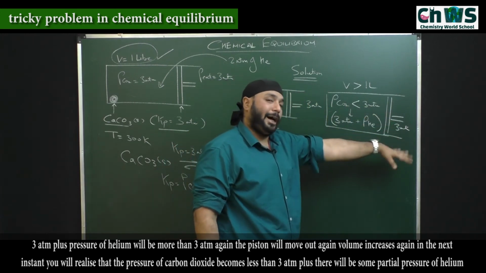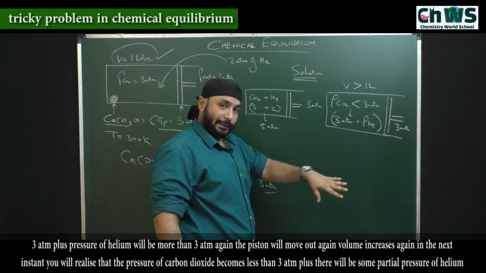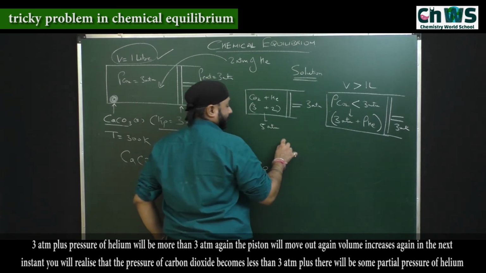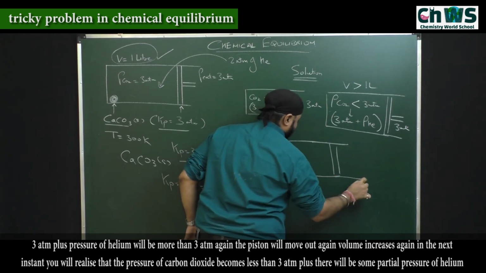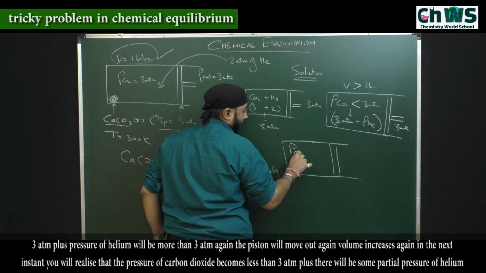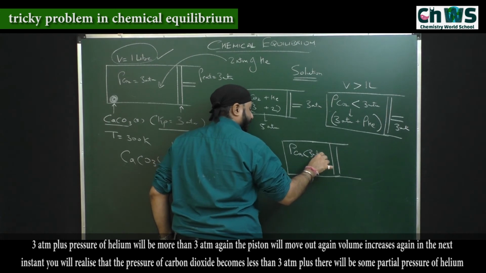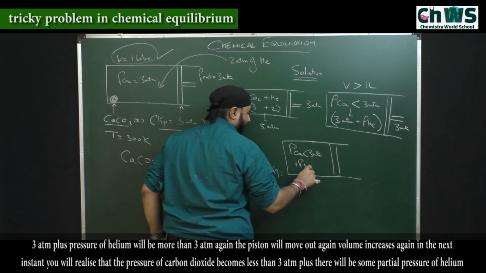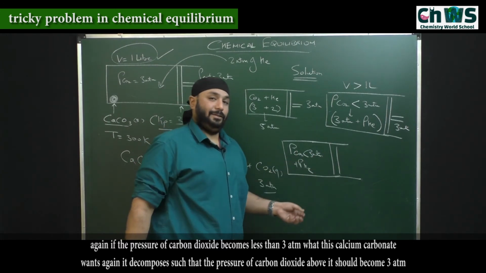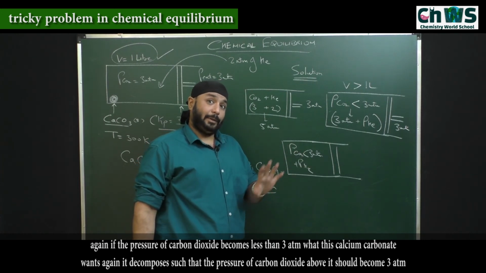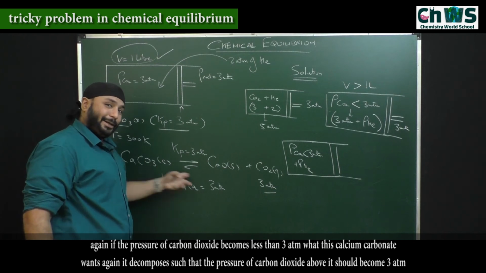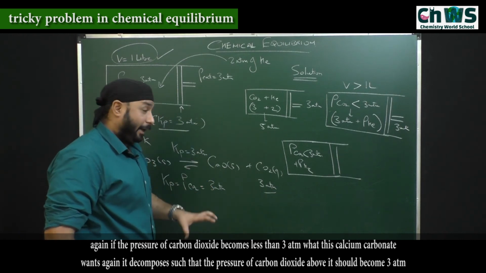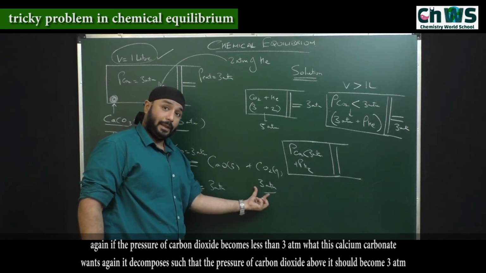If it is moving out, again the volume increases, and in the next instant you will realize that the pressure of carbon dioxide becomes less than 3 atm, plus there will be some partial pressure of helium. Again, if the pressure of carbon dioxide becomes less than 3 atm, what does this calcium carbonate want? Again it decomposes such that the pressure of carbon dioxide above it should become 3 atm.